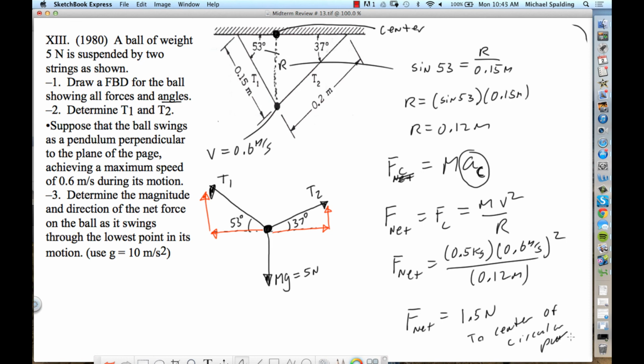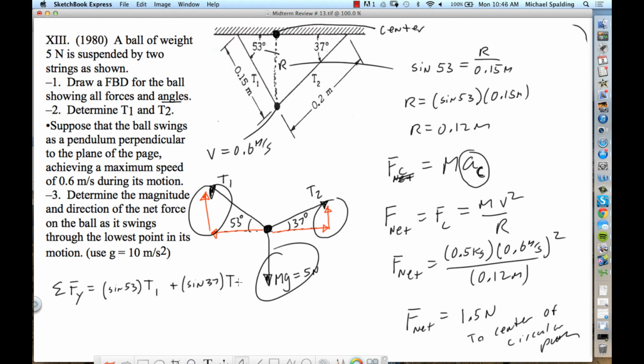Now look, what else is the net force? There's another way we could have looked at the net force, although it wouldn't have been solvable this way because we don't have enough information. The net force would be this guy plus this guy minus that guy. If you sum the forces in the y direction, we have sine 53 t1 plus sine 37 t2 minus 5 newtons.